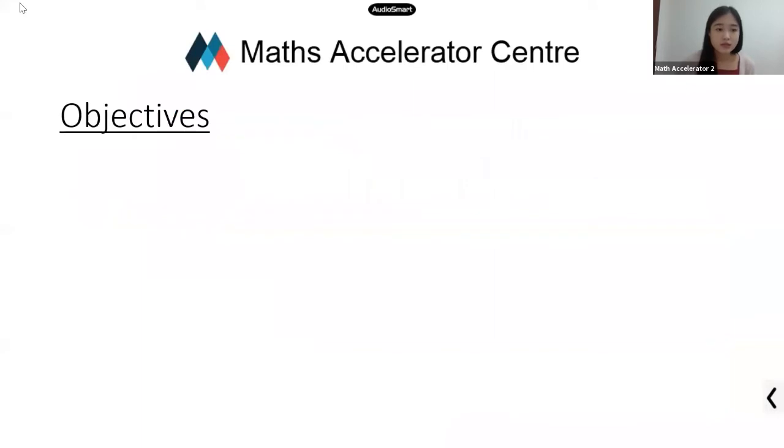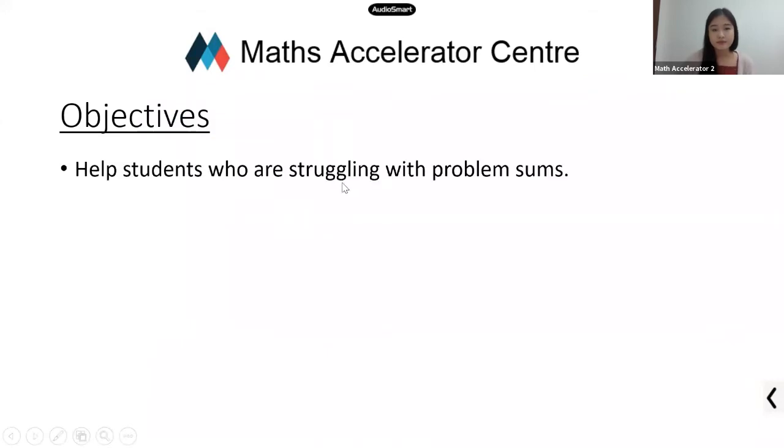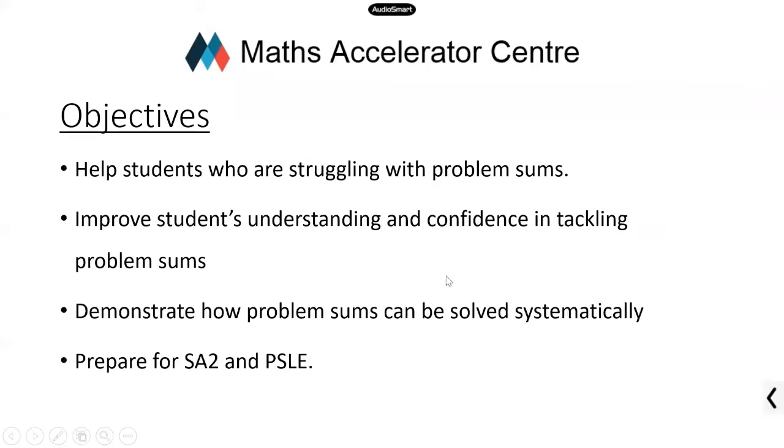So for this Zoom lesson, the objective is to help students who are struggling with problem sums improve their understanding and confidence in tackling them. Everything can be done systematically. You just need to recognize what kind of strategies you must apply.